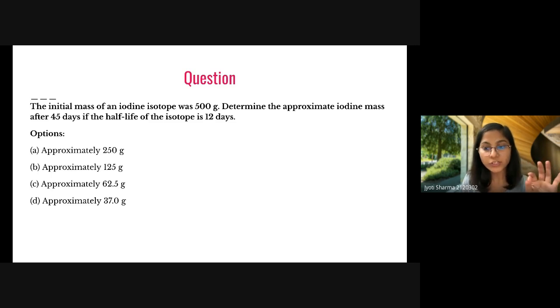So we know the equation, N is equal to N naught e raised to power minus lambda t. The decay constant we have calculated, t here is 45, N naught is 500 gram, and you need to calculate N after time t. So time t is 45 days. So this is how you can calculate the approximate iodine mass after 45 days. And let me show you how you can calculate this.